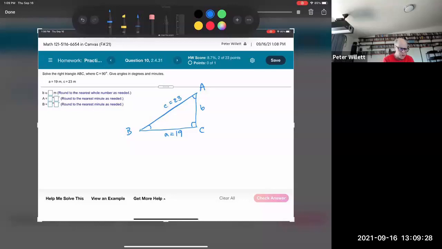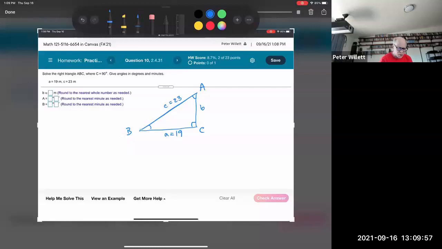And that is the first thing they ask us to find, the approximate length of side b, which they want us to round to the nearest whole number as needed. So this maybe sounds like the problem that somebody was asking about in the beginning, where we're calculating a side and rounding that to the nearest whole number, and then maybe that'll make it harder to find A or B. But in any event, let's begin by trying to find b.